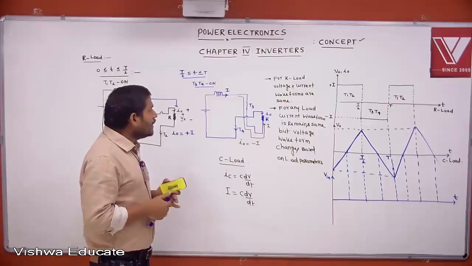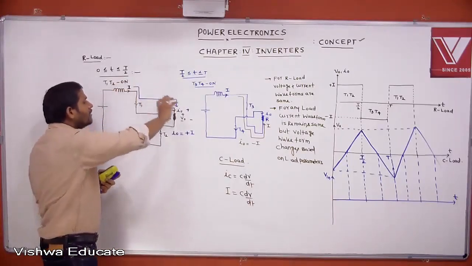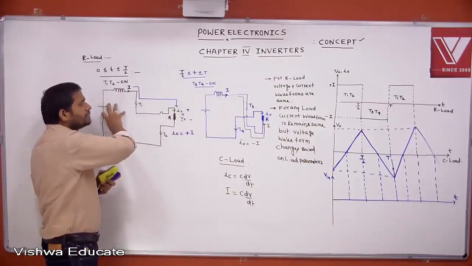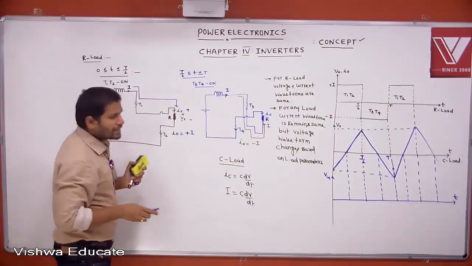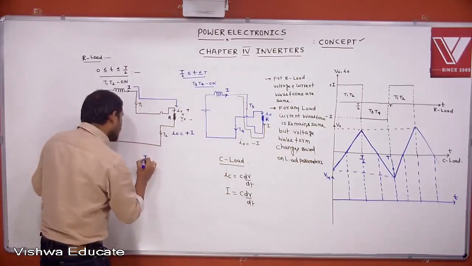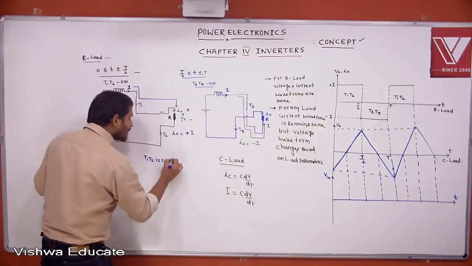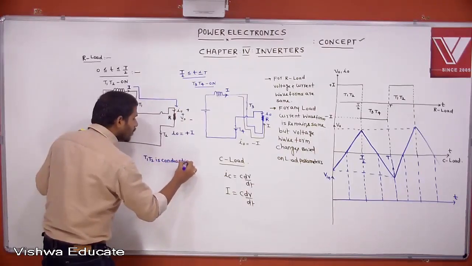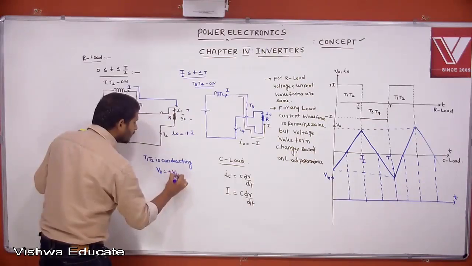If T1, T2 is conducting, V0 equal to plus Vn. If T3, T4 is conducting, V0 equal to minus Vn. That means if T1, T2 is conducting, the point to remember, V0 equal to plus Vn.